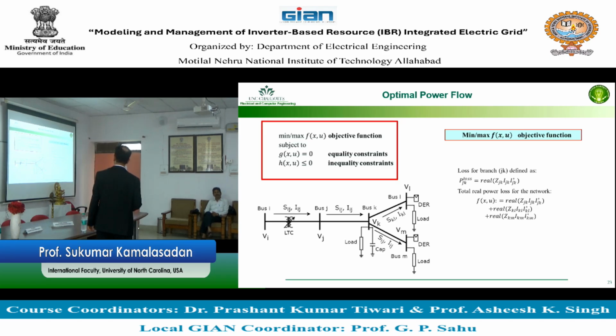Why don't you calculate a real power loss here? Oh, in this one there are only 3 terms. You have 1, 2, 3, 4 branches, only 3 terms. Why don't you have the first branch? There is no line connected. What is connected there? Transformer.